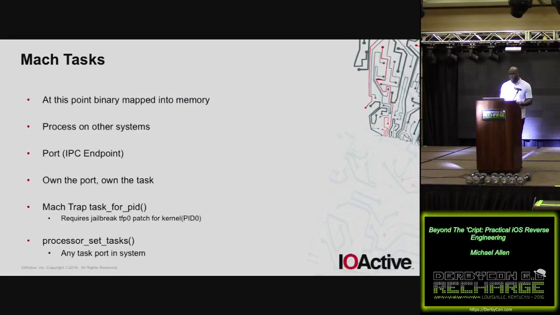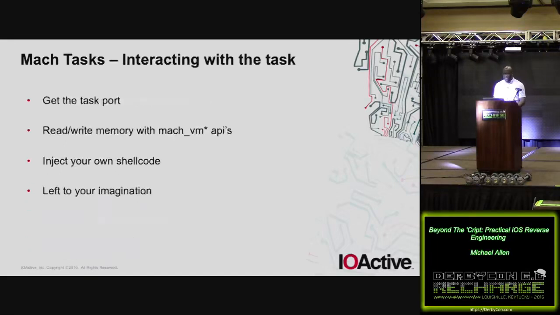The other option is processor_set_tasks, which will return any task port in the system. As we said, owning the task port means you own the process. So to interact with the task, get the task port.